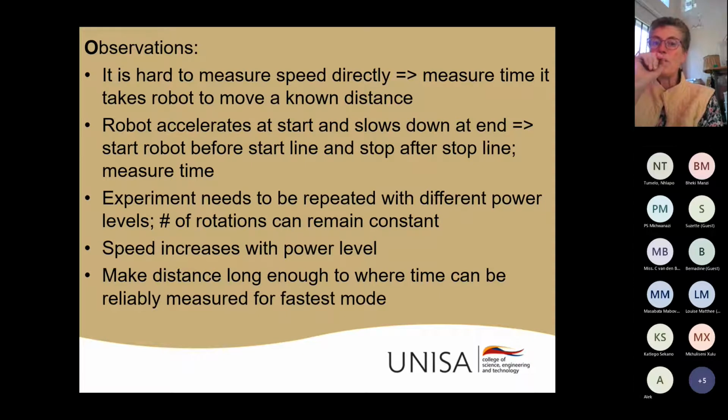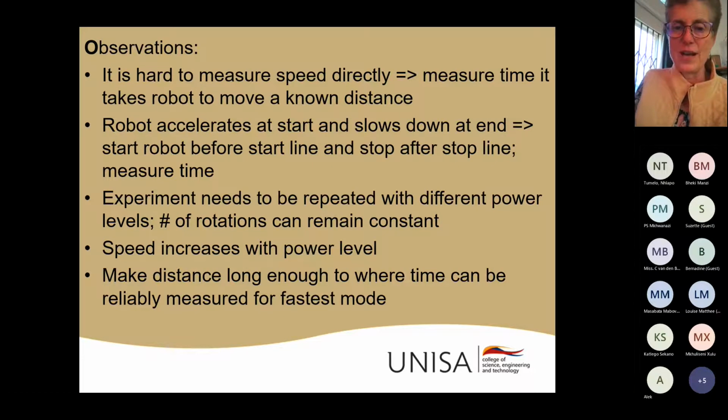The experiment needs to be repeated with different power levels, because we are measuring how power and speed are influenced. The number of rotations must remain constant, and now we're seeing whether speed is going to increase. I think all of us who have driver's licenses know that if we put more power, we get a greater speed.